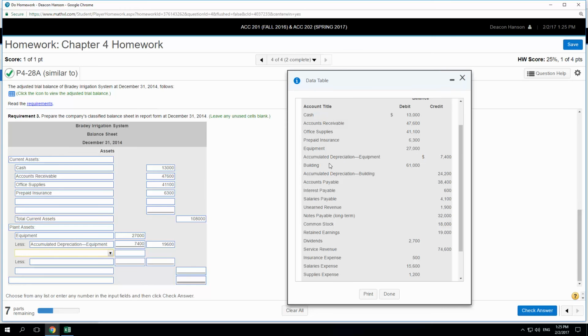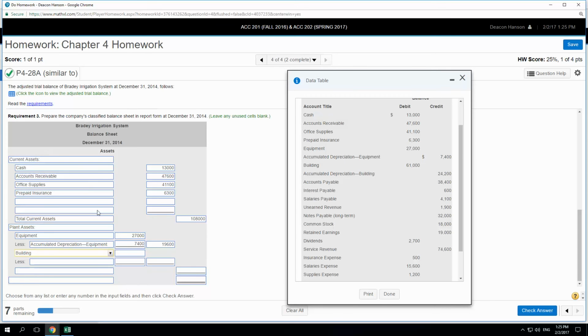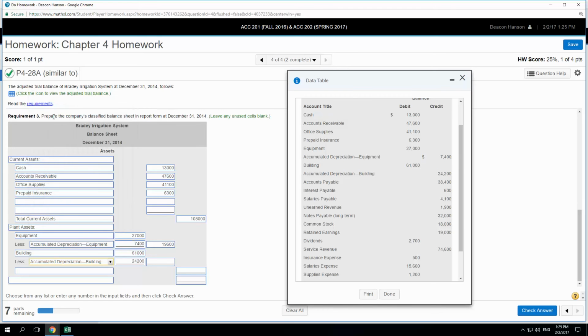Now the next thing we have is building. So the building has a cost of 61,000 from the trial balance. And then we subtract accumulated depreciation of 24,200. Okay. You know, I kind of like to show it as negative, so I'm going to put it in parentheses.